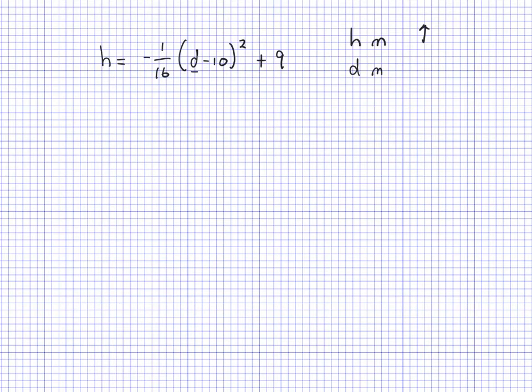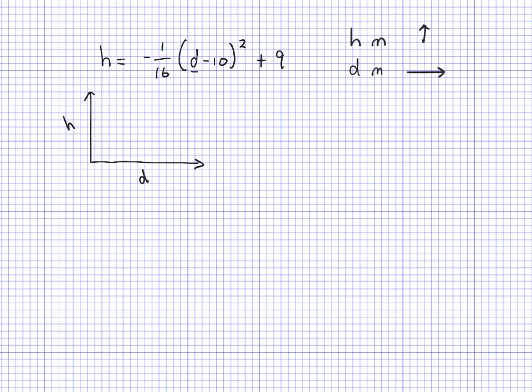So d is also measured in meters and it's distance that way. All right, so keep in mind that we're talking about a graph that shows this distance and that distance. All right, so distance up is called height, distance along is called distance.